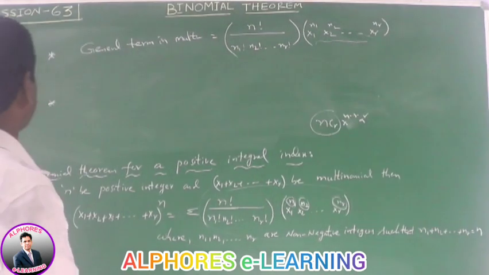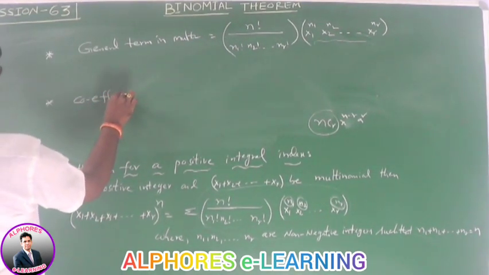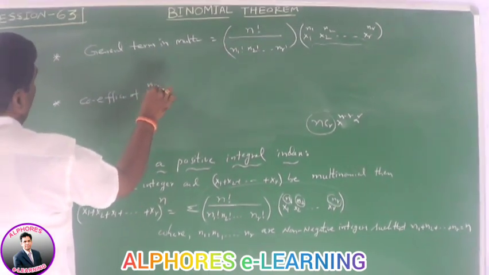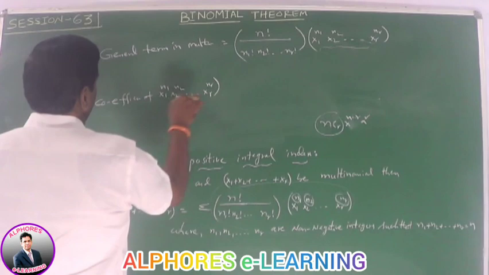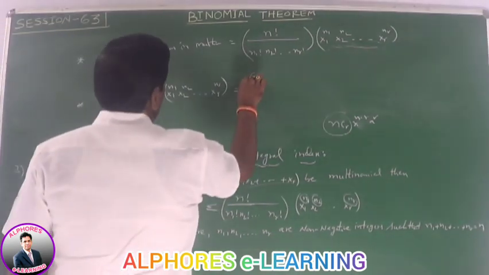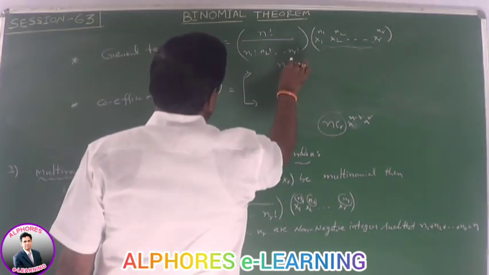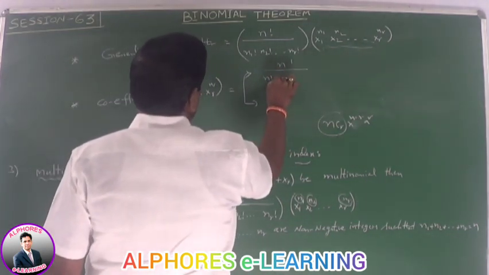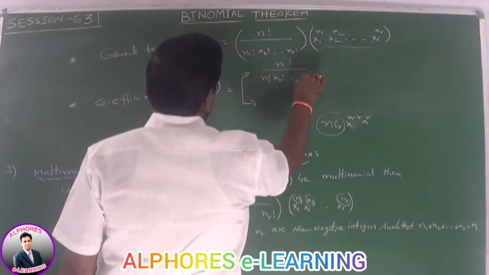Okay, please write this value. The coefficient of x1 power n1 into x2 power n2 so on, x suffix r whole power n suffix r is equal to, what is the coefficient? We get two values. Please note this value clearly. N factorial by n1 factorial into n2 factorial into so on, n suffix r factorial.